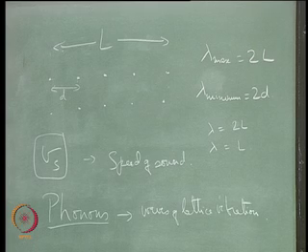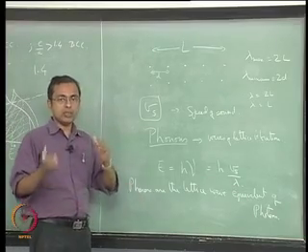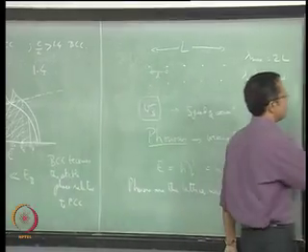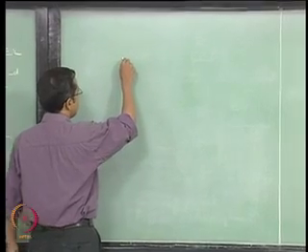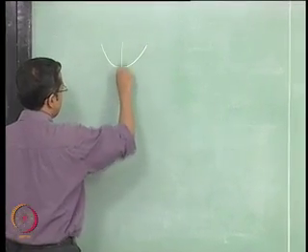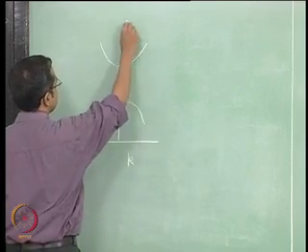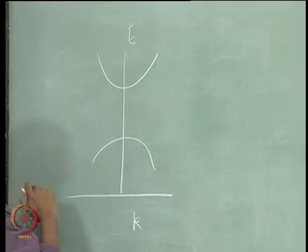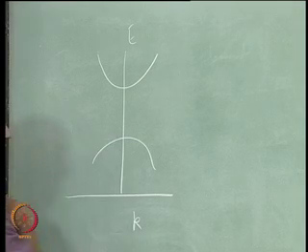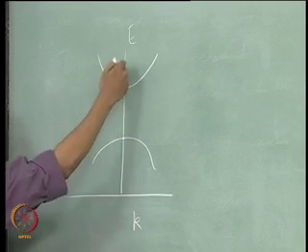As I mentioned, they actually interact with electrons and allow certain transitions to occur. For example, we looked at direct band gap versus indirect band gap materials, right? So this is K, this is E. In a direct band gap material, you have the highest level in energy of one particular band at the same location as the lowest energy of the next band.